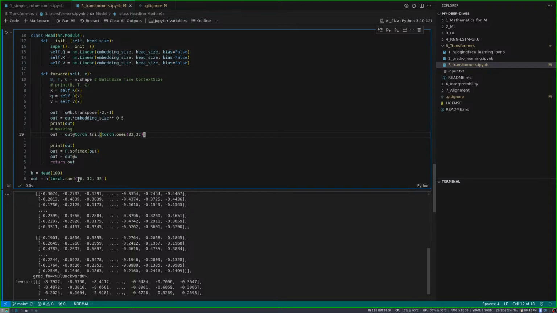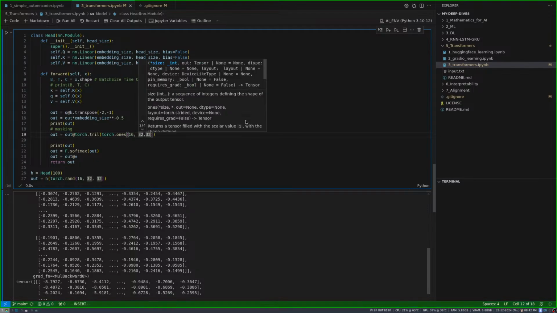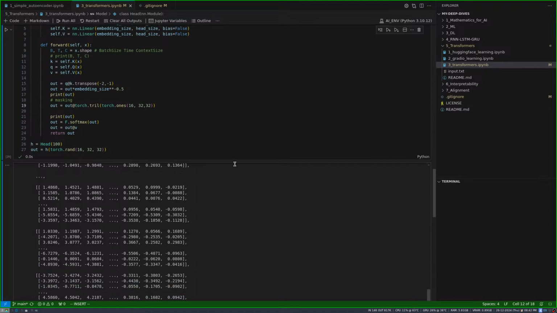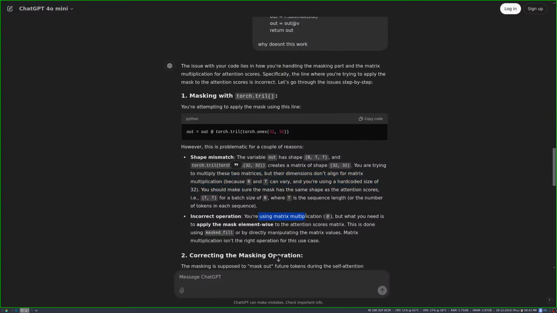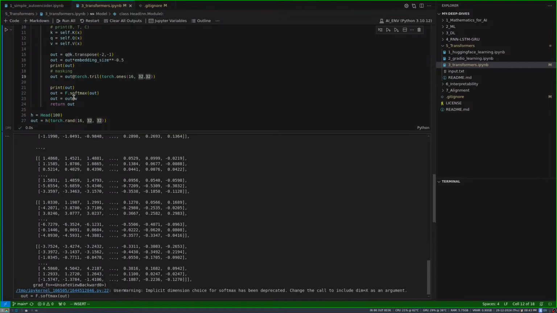So I have to create a B. Okay. That is nothing. Oh, I have the element wise attention score. Okay, so does this thing work?